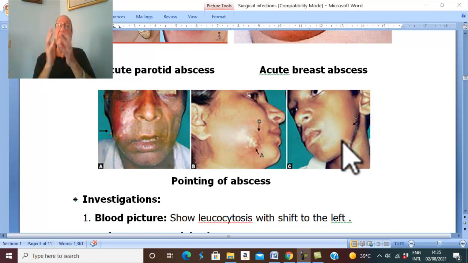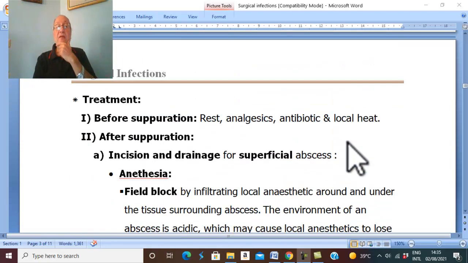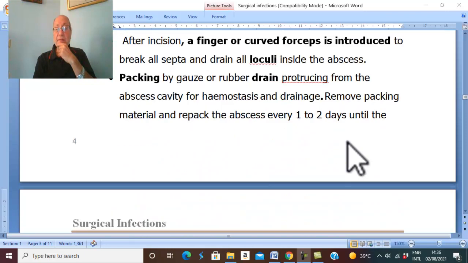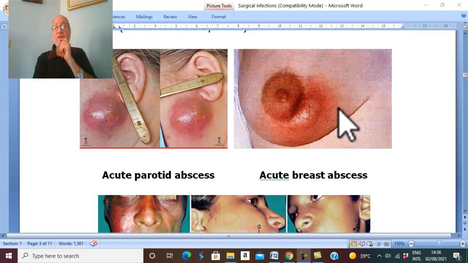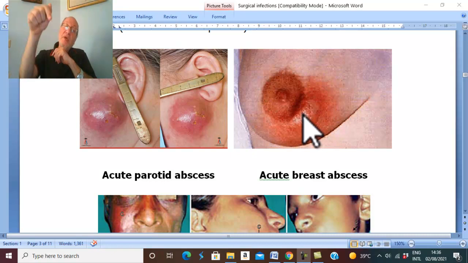If you do an incision and it is not in the dependent part of the abscess, this requires a counter incision. Counter incision, for example in this breast abscess: if you do an incision here and then enter your finger inside the abscess to divide all loculi and drain all pus, your finger enters below this point.